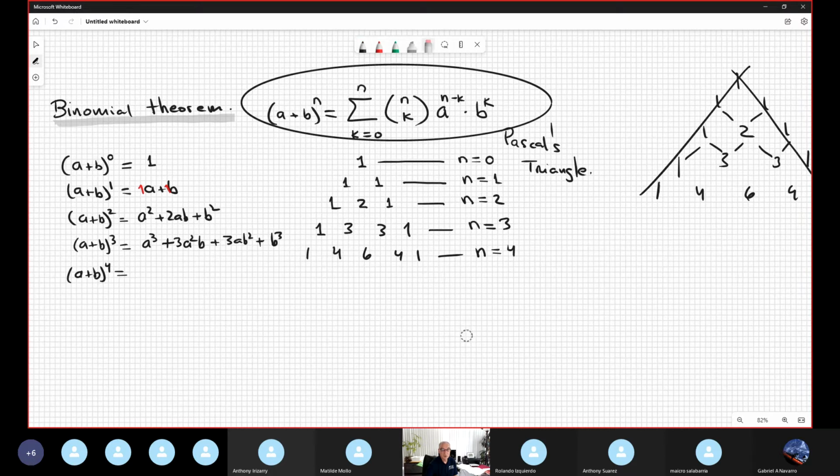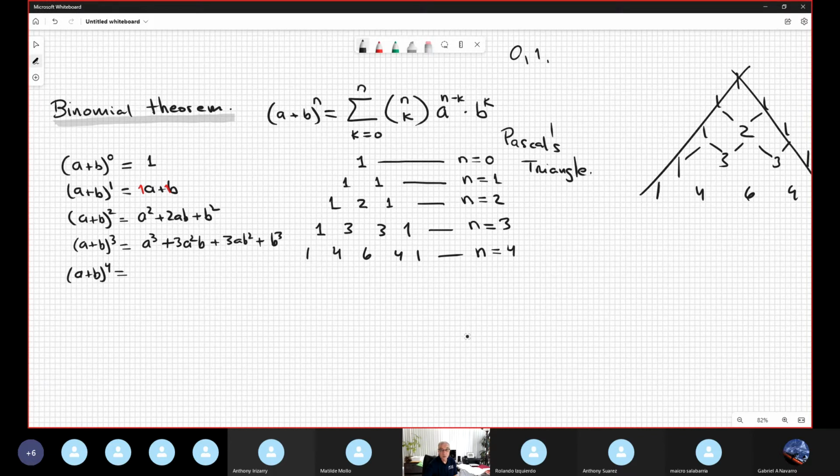So from 0 to m, we have m plus 1 terms. You count 0, 1, 2, down to m. That is the reason for n equal 3 we have 4, and for n equal 4 we expect to have 5, guys.